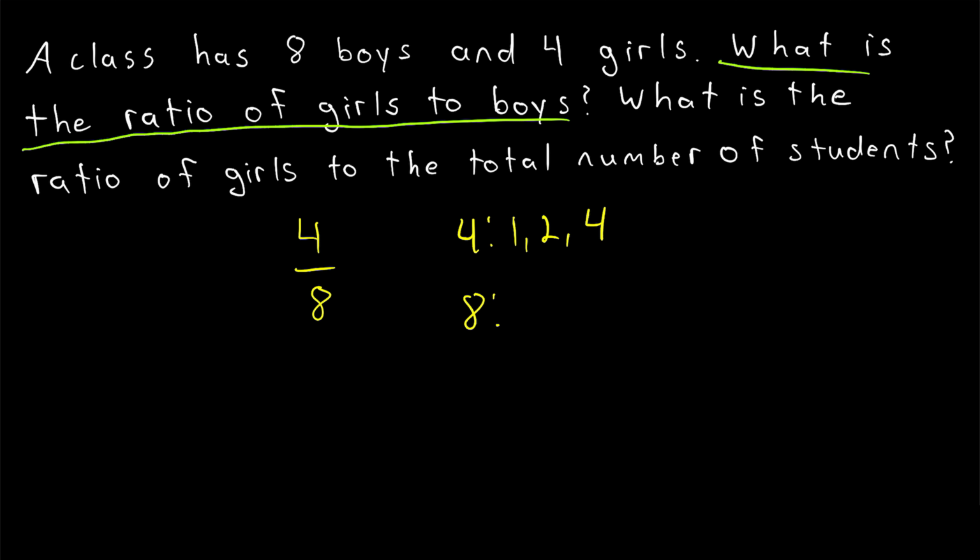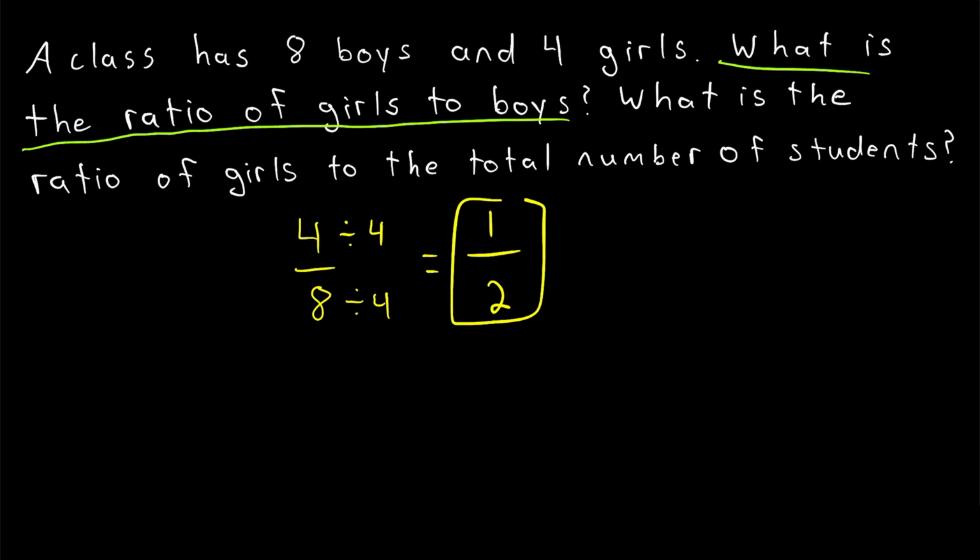The factors of 8 are 1, 2, 4, and 8, so their greatest common factor is 4. Thus, we can reduce the fraction or ratio by dividing the numerator and denominator both by their greatest common factor. Divide by 4, divide by 4, and we get our new reduced ratio of 4 divided by 4, which is 1, over 8 divided by 4, which is 2, a ratio of 1 to 2.